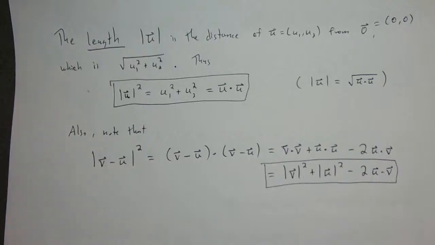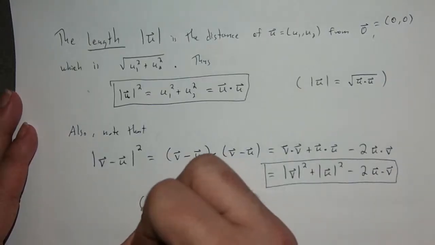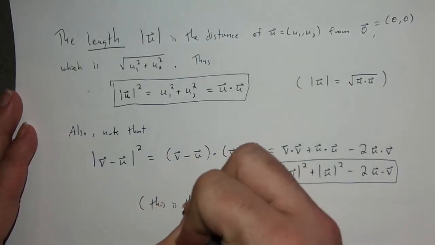Another nice fact to note: you have almost certainly seen this expression before, and it turns out this is the law of cosines from high school geometry. This is the law of cosines.